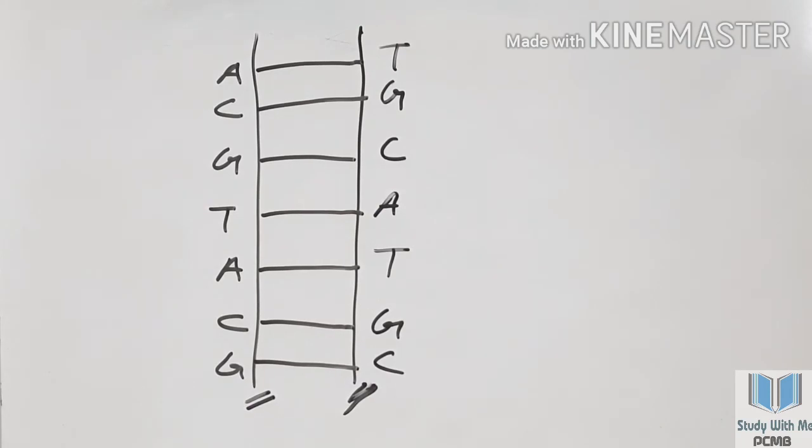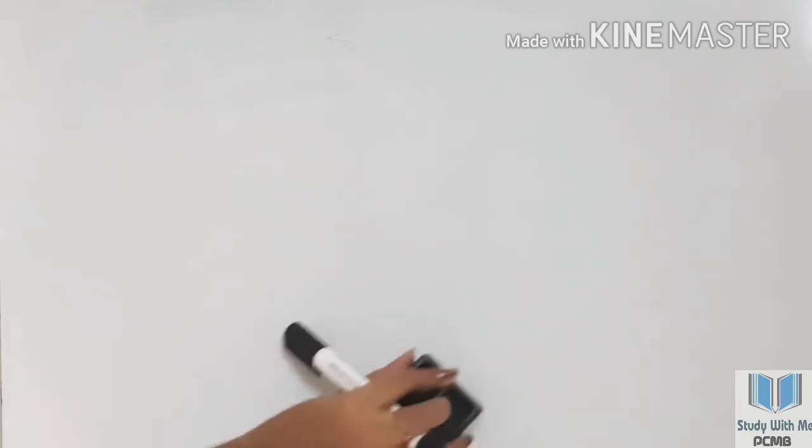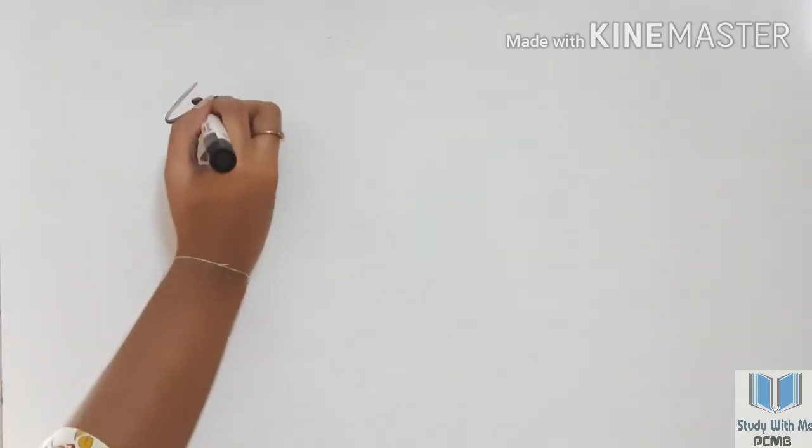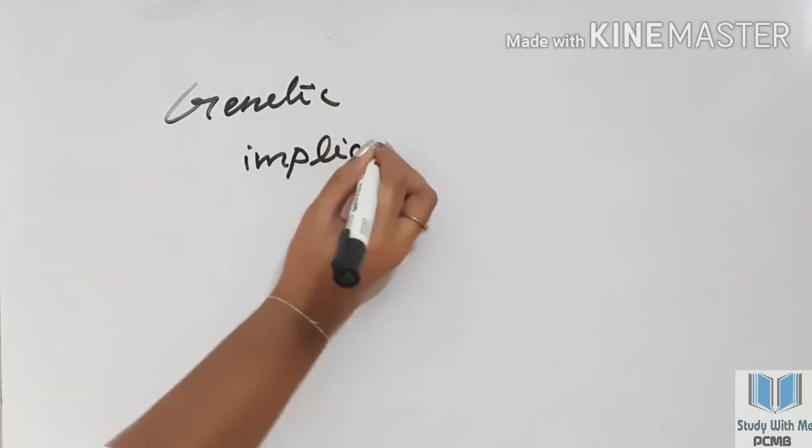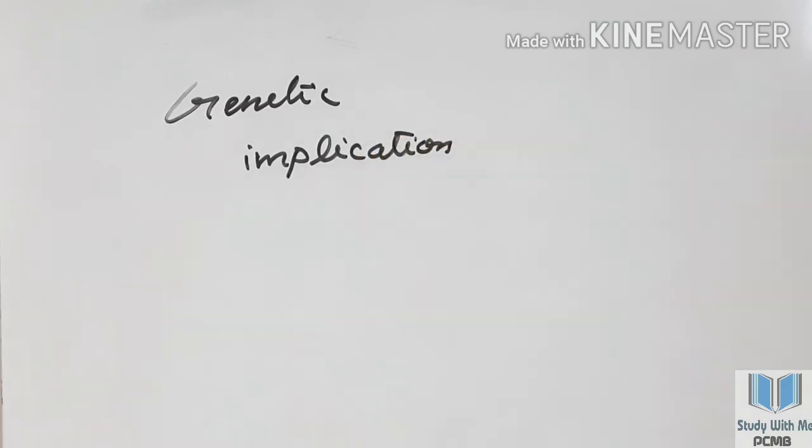Each strand from the parent DNA acts as a template for the synthesis of a new strand. The new strand is our daughter DNA. That daughter DNA will be identical to the parental DNA molecule. Because of this, the genetic implication of the structure of DNA becomes very clear.